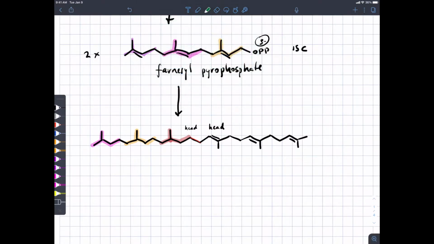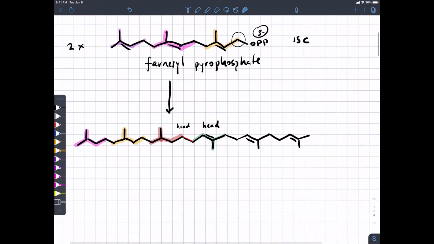And if you look at what farnesyl pyrophosphate is, both of the head carbons are at the alcohol oxidation state. Whereas in the product, there's no alcohol. They're in a reduced state. So the reaction that condenses these two together is a reduction reaction. You don't need to worry about the mechanism or the enzyme that does this.